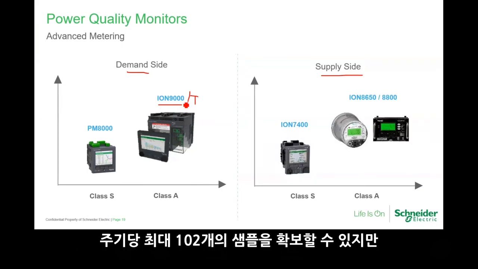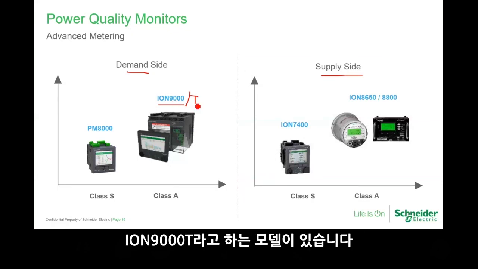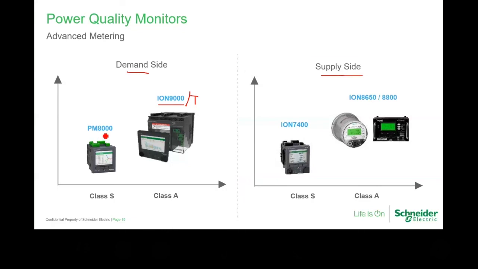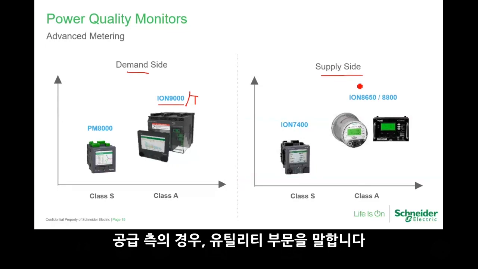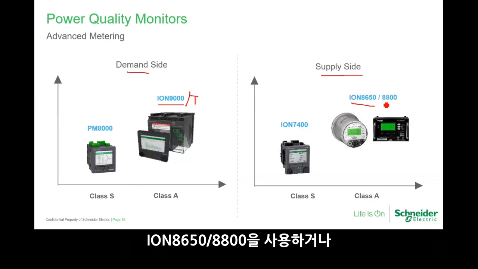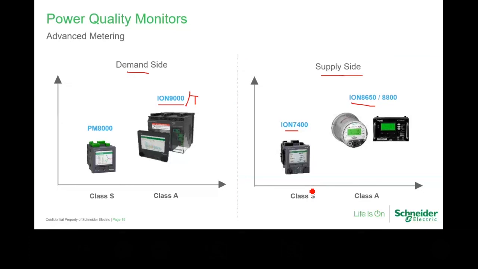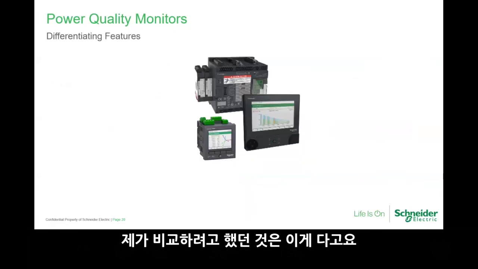It can capture up to 1024 samples per cycle, but it's not dedicated for transient. In order to capture the transient itself, we have this model called ION 9000T. PM8000 is a Class S. For the supply side, the utility, if your customer is a utility, they will be using ION 8650 or 8800 or the ION 7400, which is a Class S. So I believe that's all that I have for the comparison.